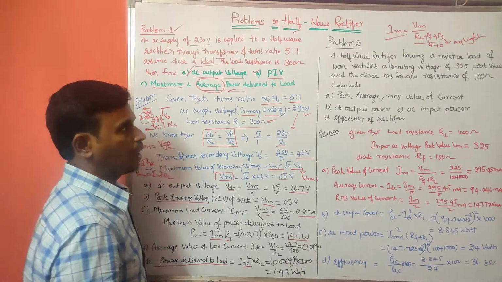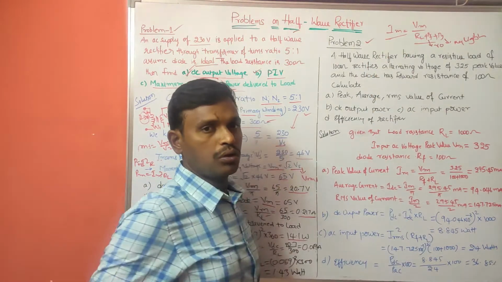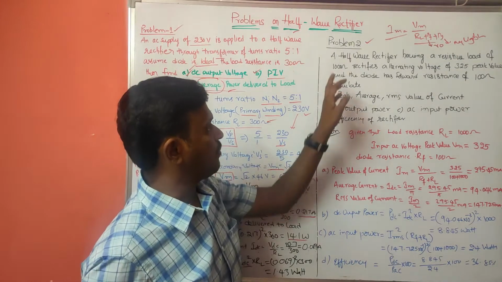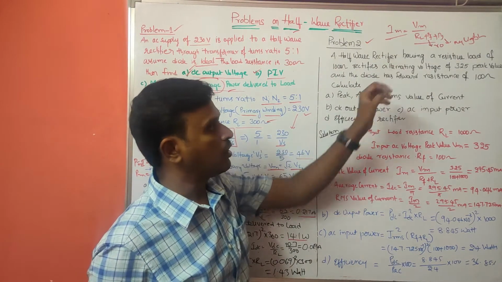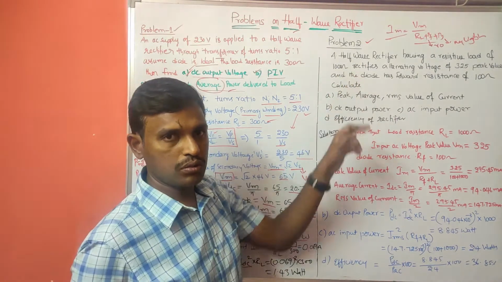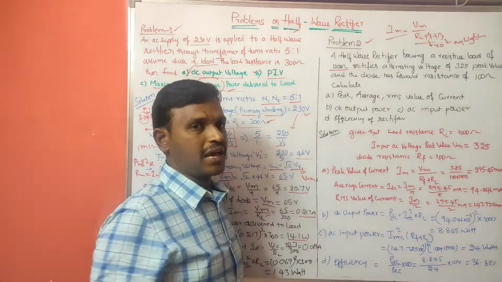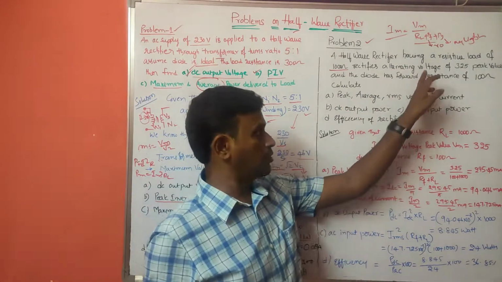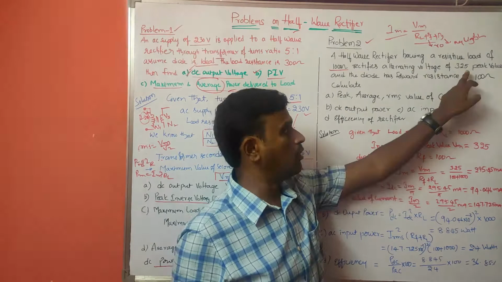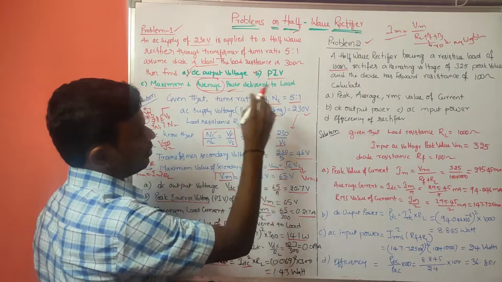Now we are moving to the next problem, problem 2. Given is a half-wave rectifier having a resistive load of 1000 ohms, which rectifies an alternating voltage of 325 peak value. What is the difference between this problem and the previous one?